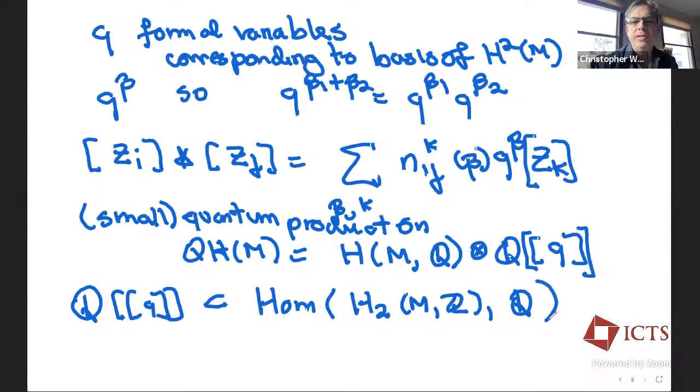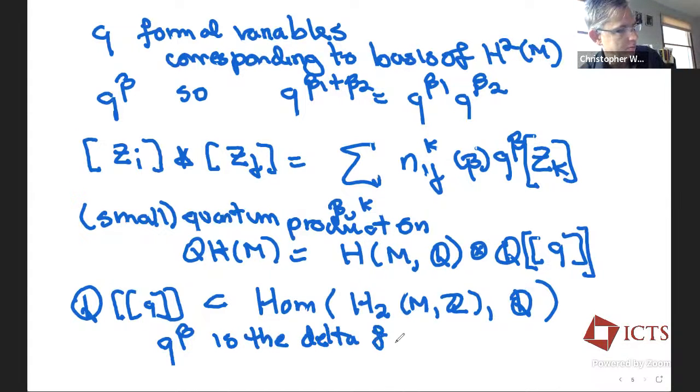If I think of Q as some function, but I'm only going to allow exponents which lie in some lattice. And so this expression Q to the beta is the delta function at this class beta. So it's the function which assigns 1 to beta and 0 to everything else.